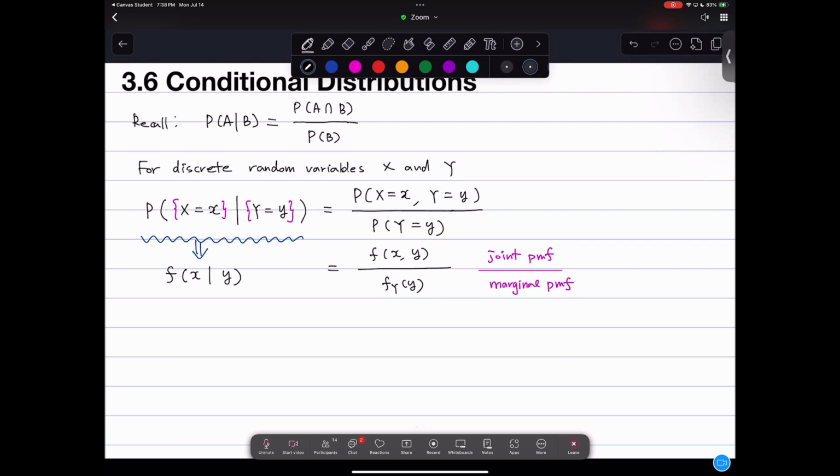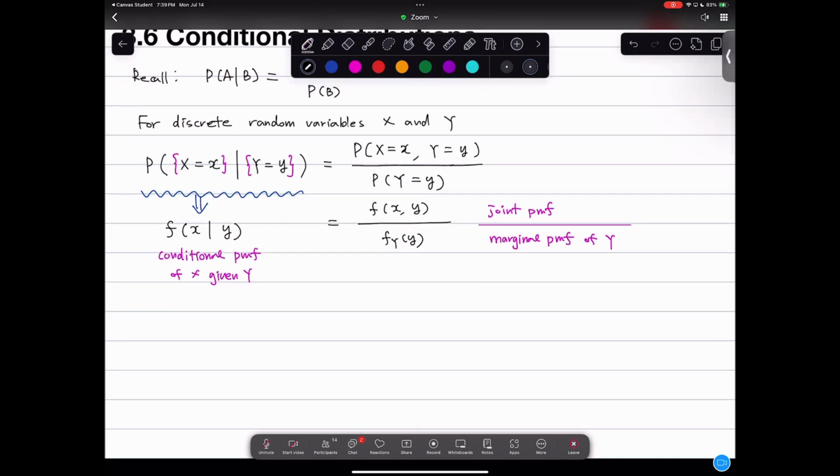So f of x given y equals, here we go, my conditional PMF of x given y, equals the joint over the marginal PMF of, to be more exact, y. Anyway, that's what this conditional distribution is about.